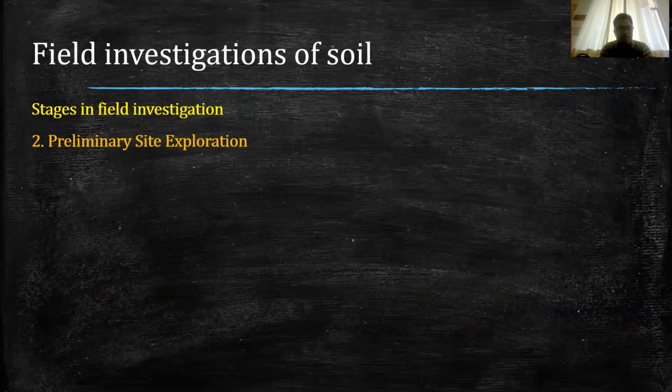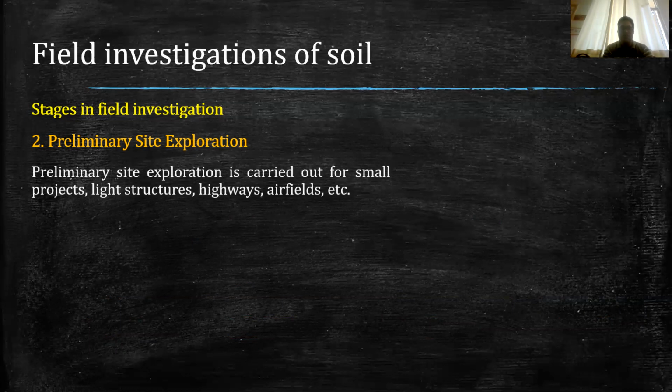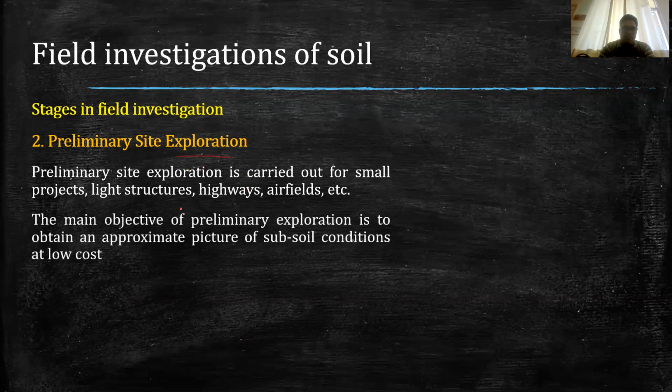This preliminary site exploration is done generally if we have a small project or a small residential building. In that case, we do this preliminary site exploration. The main objective of this exploration is to obtain the approximate conditions of the subsoil at low cost.